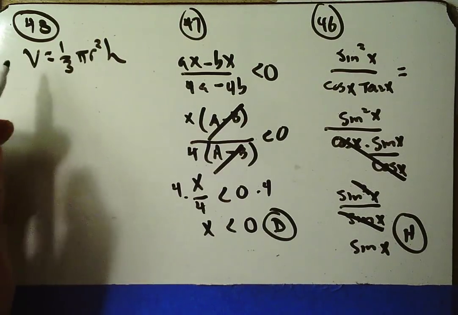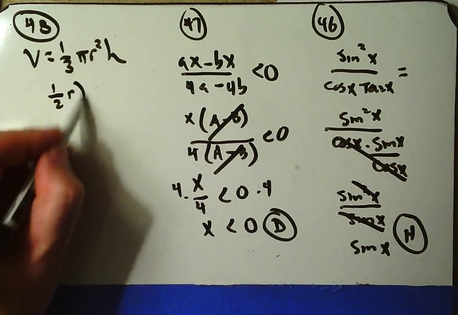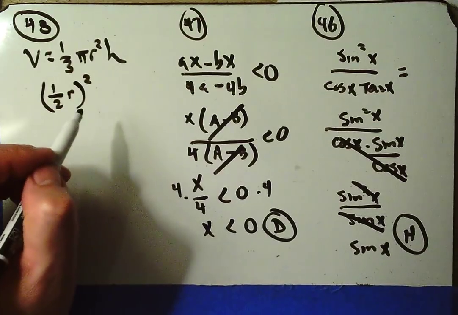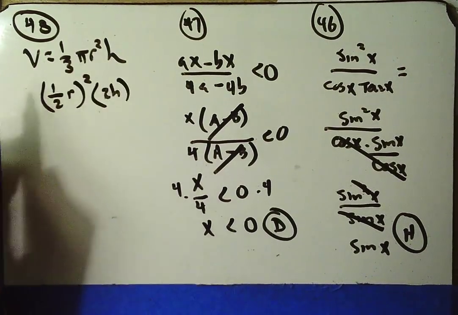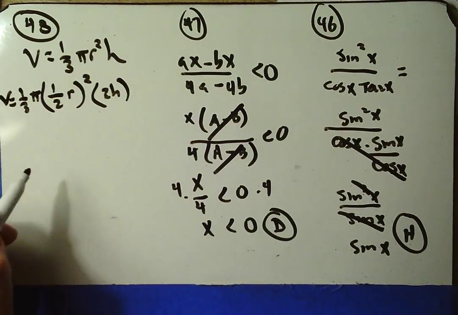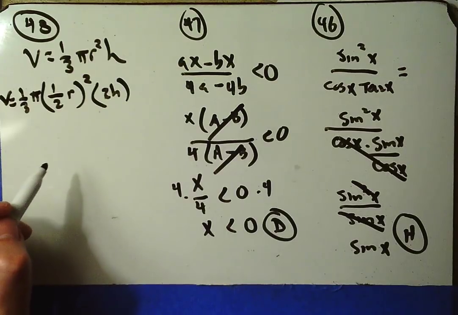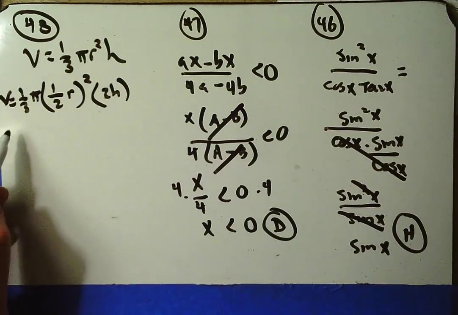If the radius is halved, okay, so I want half of the radius, and the height is doubled, I want 2h. Don't forget the 1/3 pi here. What's the new volume going to be with respect to the old one? We want a ratio of new volume to old.